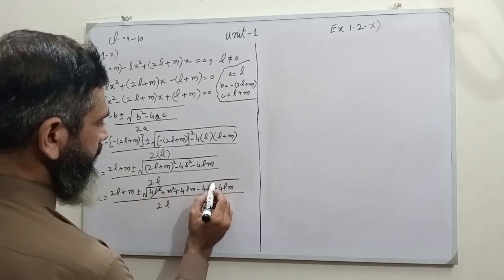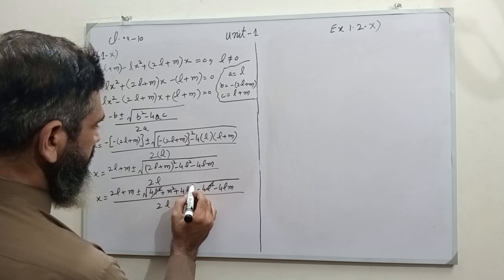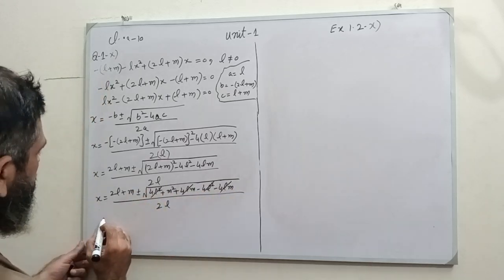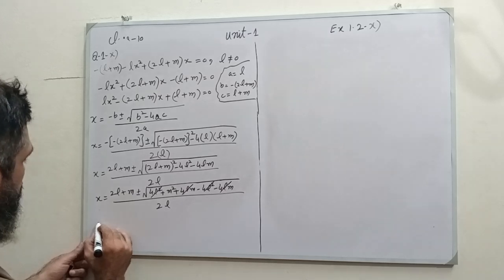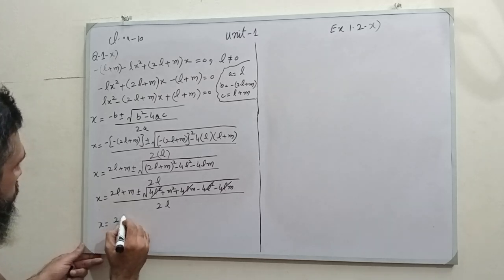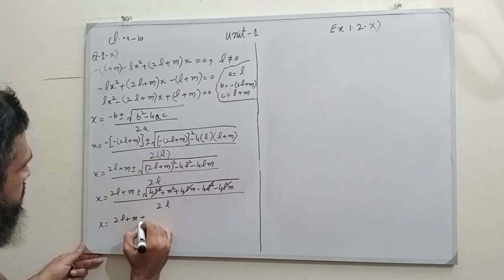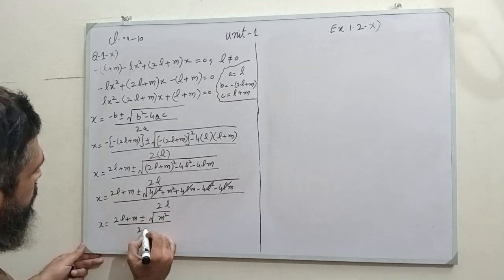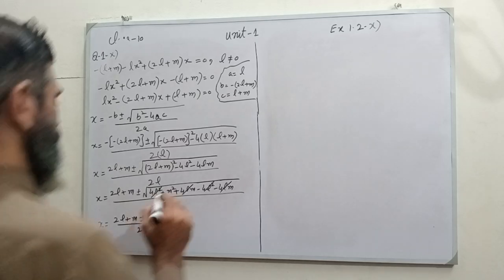This will be cancelled with this one, and this will be cancelled as well. So here X is equal to 2L plus M plus minus M square over 2L.